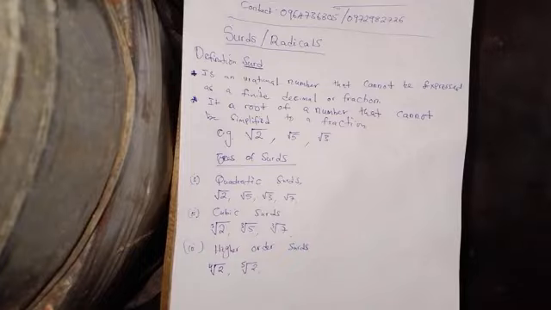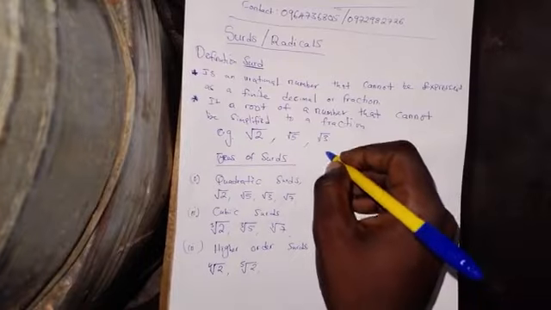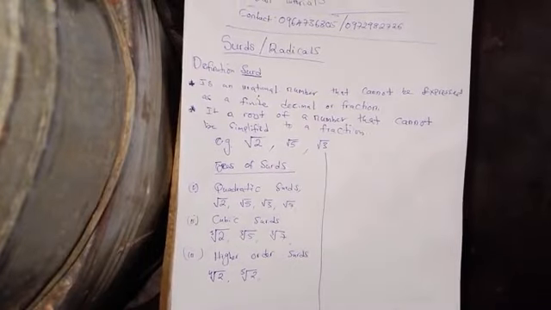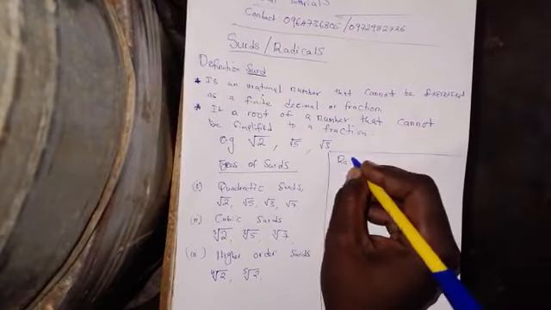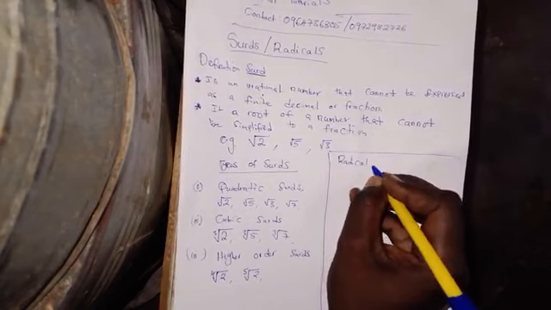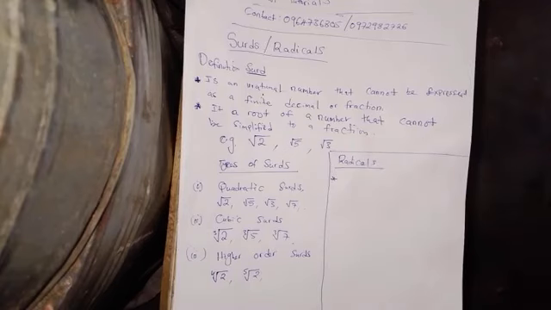We want to understand what a surd is and what a radical is before we go into some of the operations. So I'm going to talk about radicals. What is this radical we're talking about?